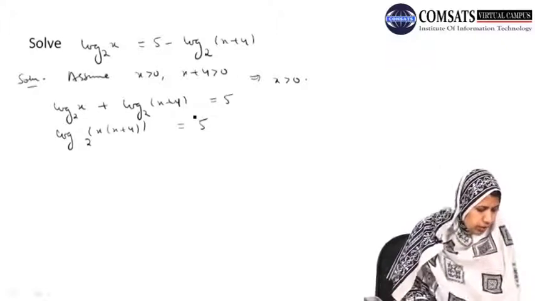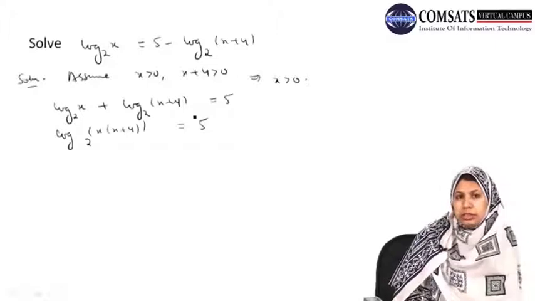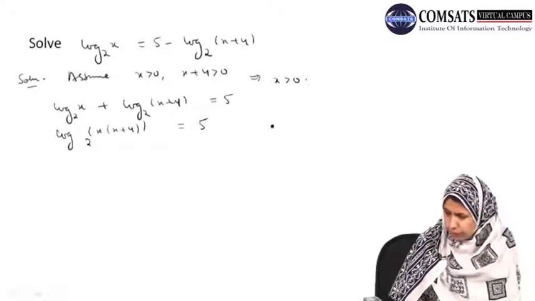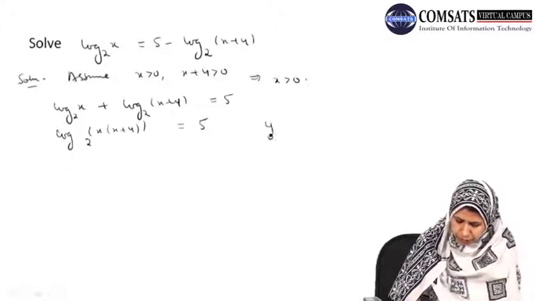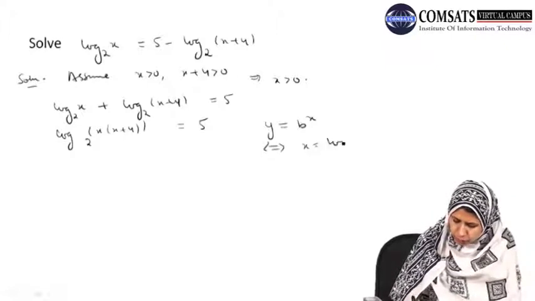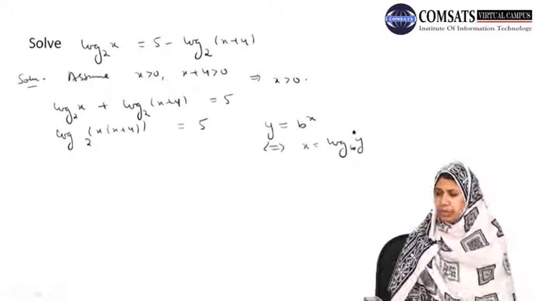Okay, now taking the exponential form of this log function, where if we have the exponential form y is equal to b to the power x, this is equivalent to x is equal to log of y to the base b.